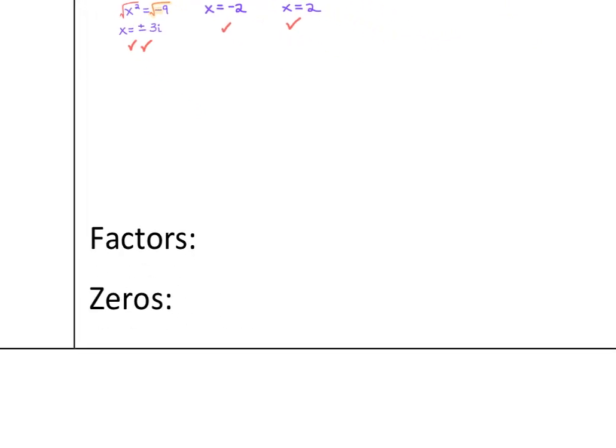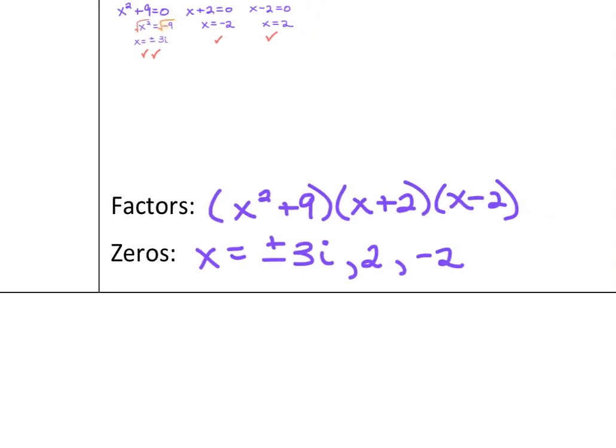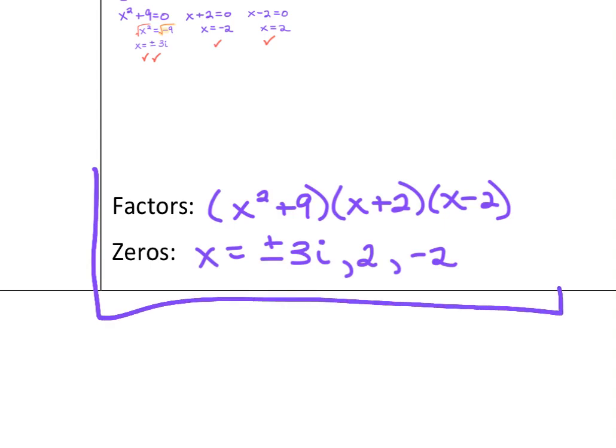And so the factors here are x squared plus 9, x plus 2, x minus 2, and then the zeros are x equals plus and minus 3i. And you could put plus and minus 2, or you could write them out separately too, and negative 2. The order there does not matter.